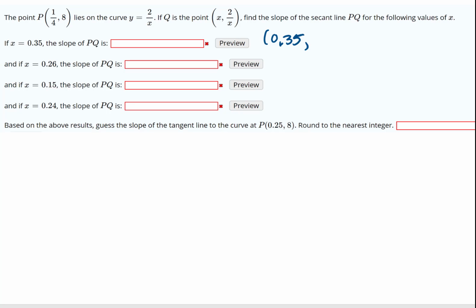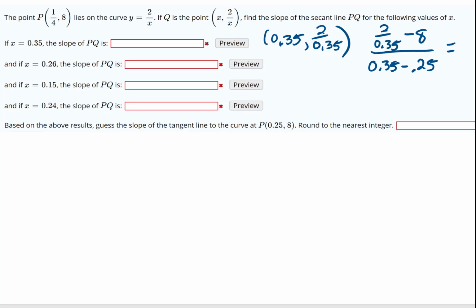So the y value would be 2 over 0.35. And so if we need a slope, we're going to take 2 over 0.35, that's y from the second point, minus 8, that's the y from the first point, over the x from the second point, 0.35, minus the x from the first point, which is 1/4 or 0.25.